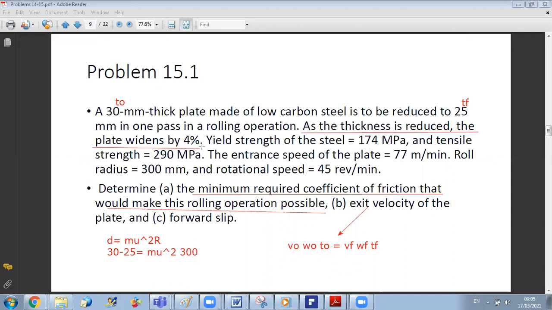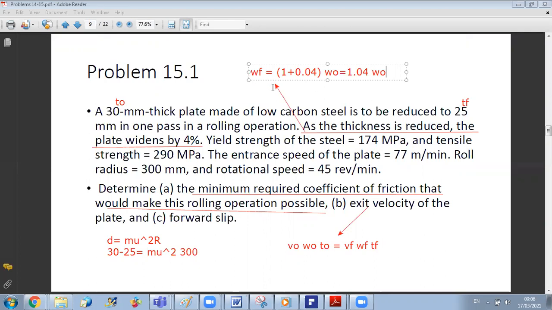We can write that omega final is 1 plus 0.04 times omega initial, omega 0. So omega final is 1.04 omega initial.